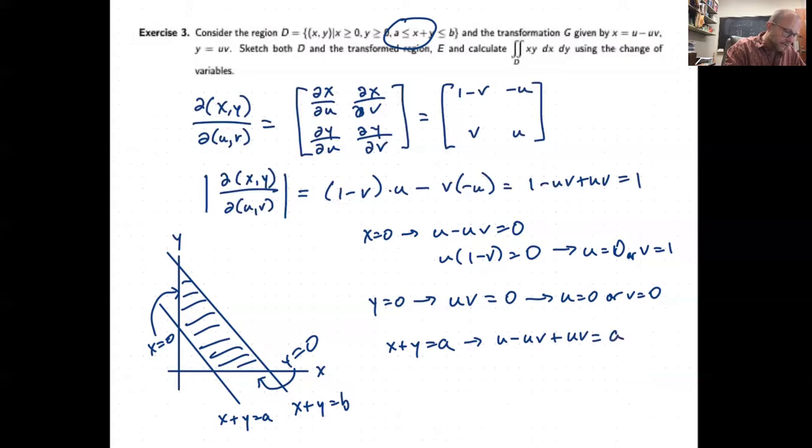So since we're saying that, u equals A. And then, of course, x plus y equals B will transform into u equals B. So what that tells us is that up here the u equals 0 appearing there, we don't really want to use those, because that would end up being parallel to these, and so it'll throw off what we're doing.